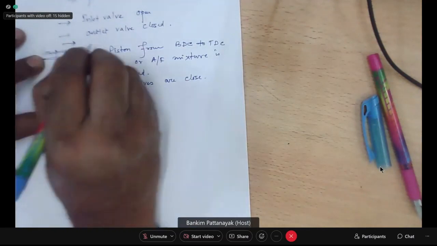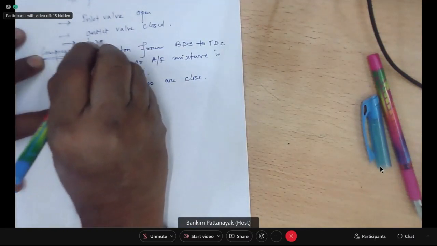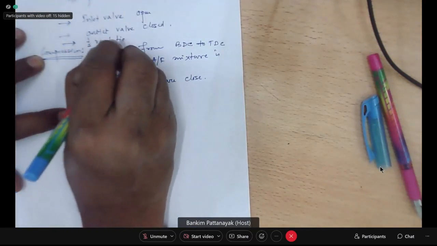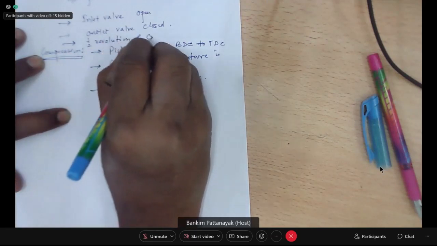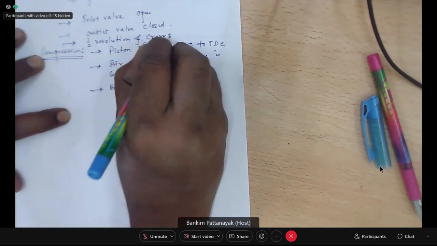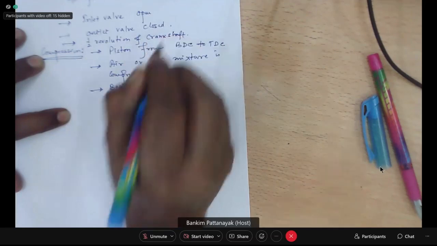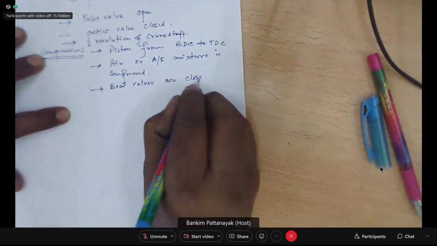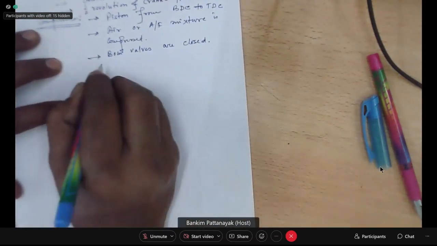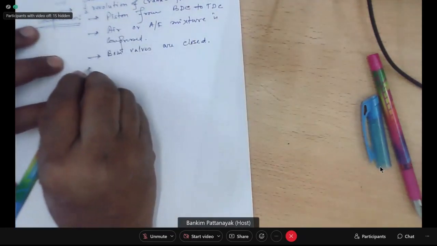Now here also we can write half revolution of crankshaft. Both valves are closed.